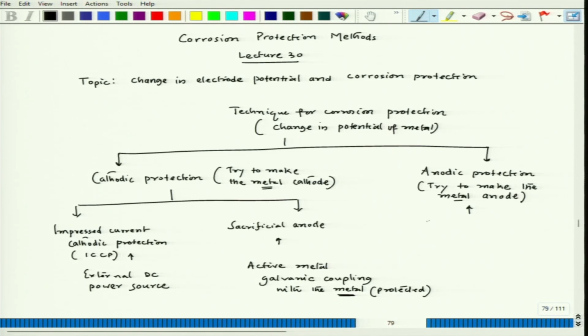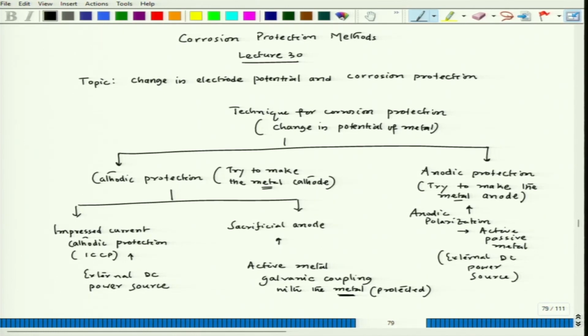So, we make use of anodic polarization, and this can only happen in the case of active passive metals. Here also we use an external DC power source.